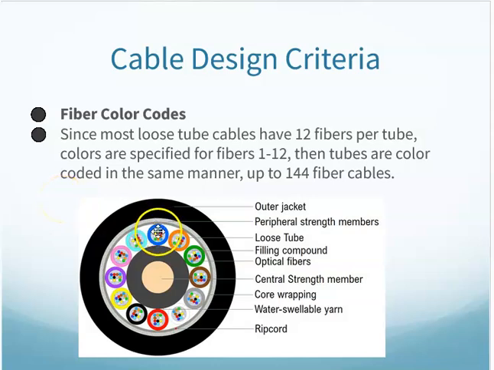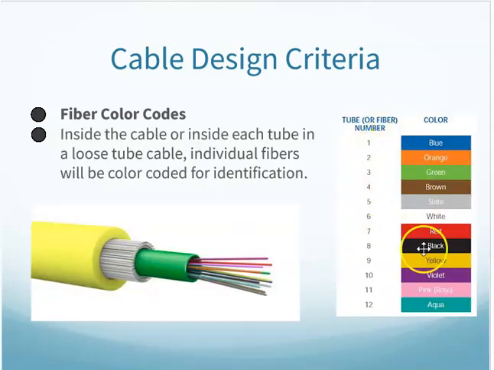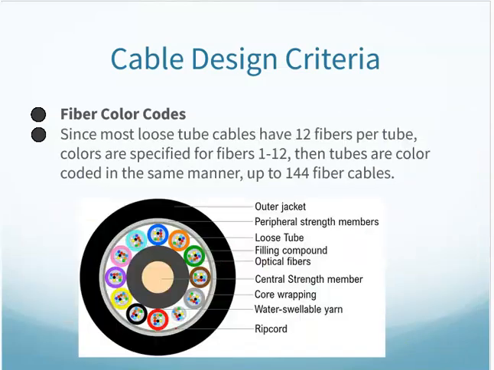If I look at each tube, there's 12 in there that are color coded, and in addition, each of these tubes of 12 is color coded, following the same blue, orange, green, etc. There's your 12 tubes of 12, so there'll be 144 fibers there. So they follow the individual fiber color, and if I have a large fiber count, the color code gets followed for the breakout tubes as well.